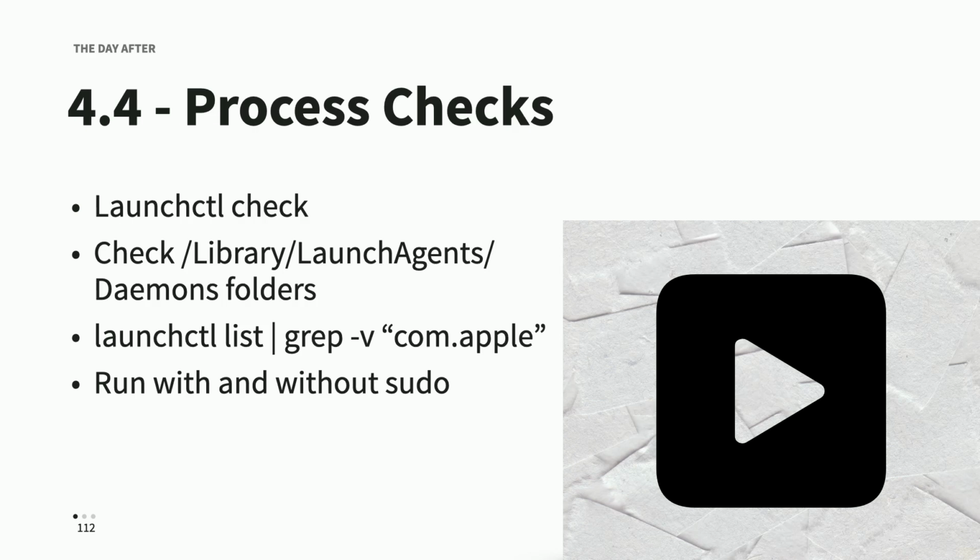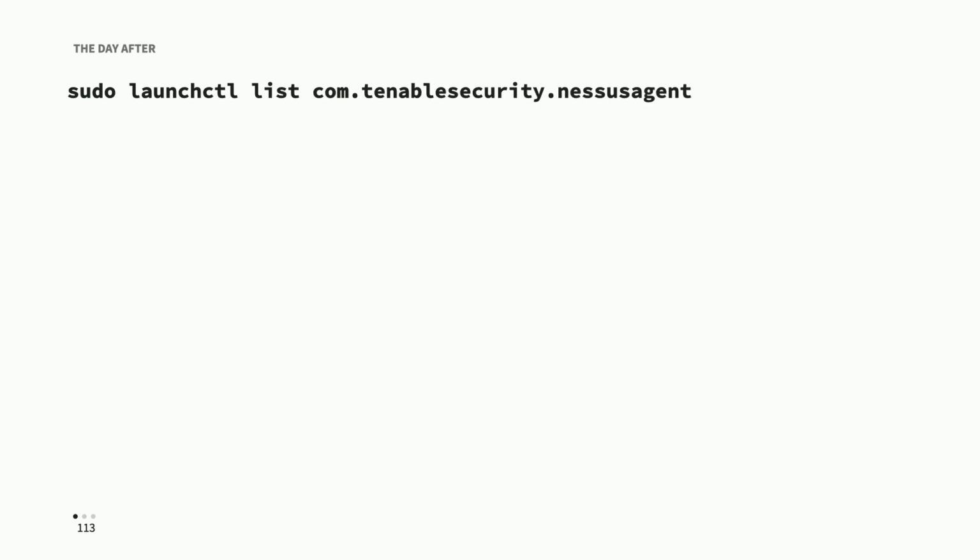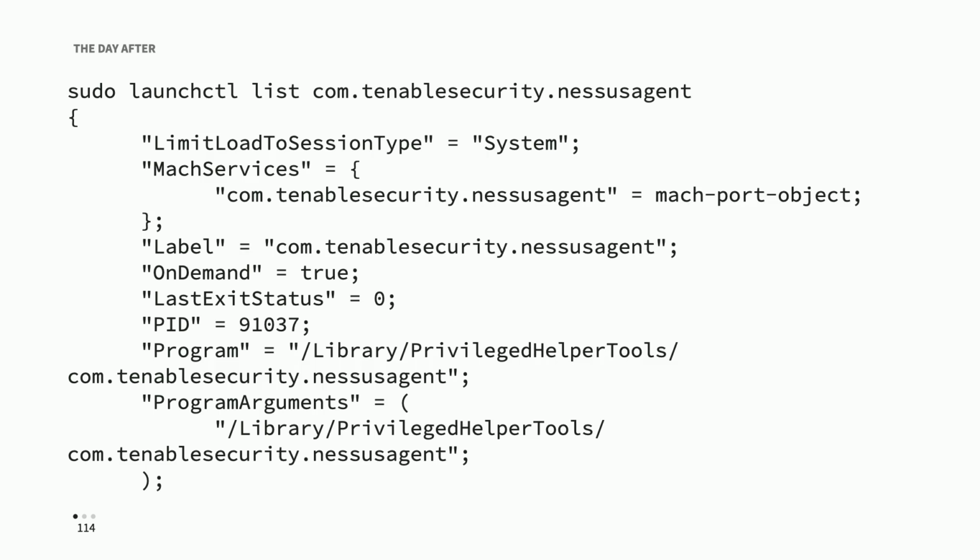And for the last little demo here, who doesn't love vulnerability scans? We're going to look at Tenable Nessus. So we've got com.tenablesecurity.nessusagent as the agent we're going to try to track down here. So starting off, we're going to get ourselves a list. And instead of outputting everything that's running, we just want stuff that matches our little Nessus agent here. And we actually get a pretty cool output.